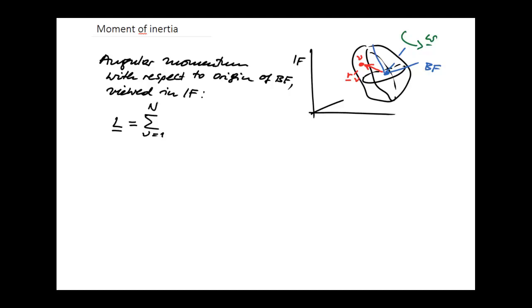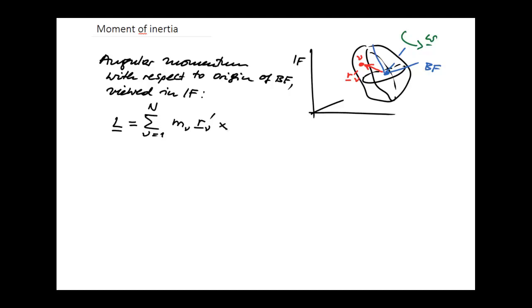Now the angular momentum of the mass point nu is given by its mass, m nu, then its position vector relative to the reference point, and we chose as the reference point the origin of the body fixed frame, so that position vector is r nu prime.